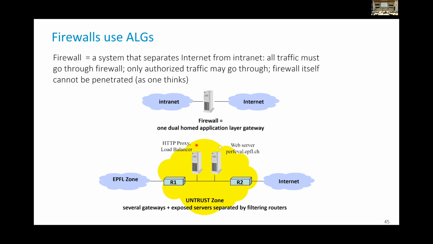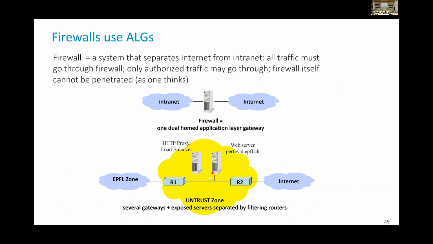So this is typically done by having filtering routers that separate by putting filtering rules in routers to create zones. For example, here, the filtering router in R1 will allow only traffic to go into EPFL that has a source IP address that is inside EPFL. If we come from the outside, you will not be able to go here.